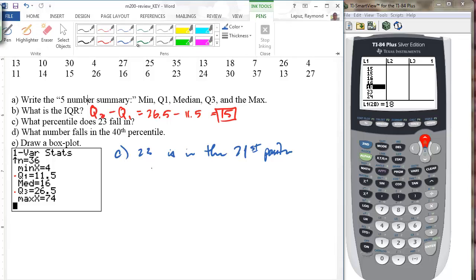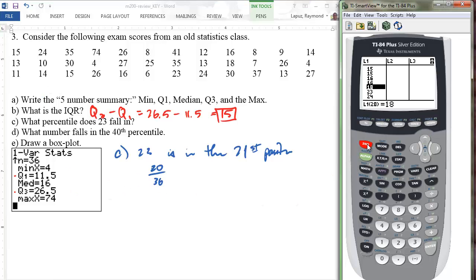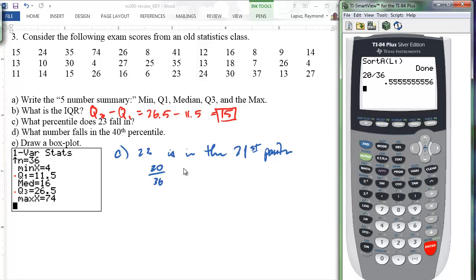So what we'll do is we'll take the 20th position over 36, and then we're going to get the percentile out of that. So let's punch that in our calculators. 20 divided by 36 is going to give us 55 or 56.